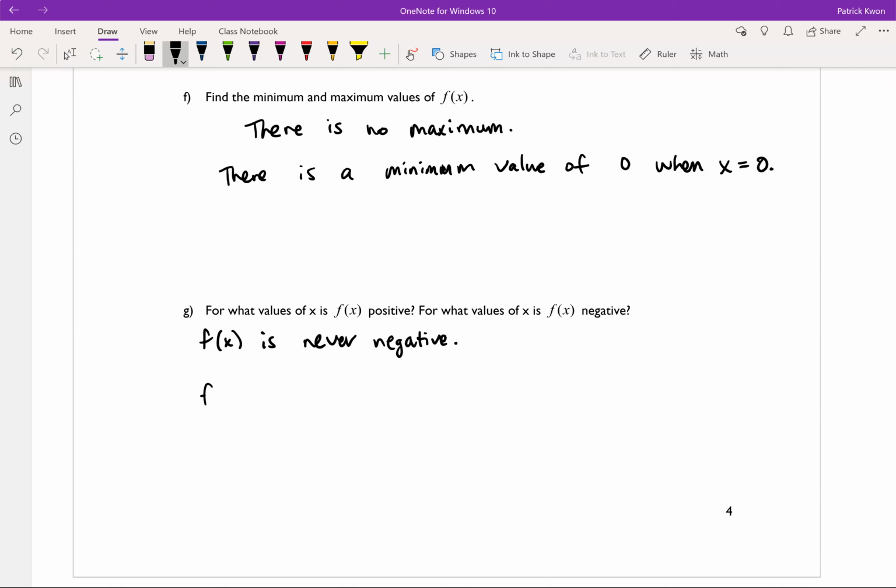And then we could say f of x is positive on the interval negative infinity to 0. We don't want to include 0. I'm going to write this capital U looking symbol, and that symbol is the union symbol.